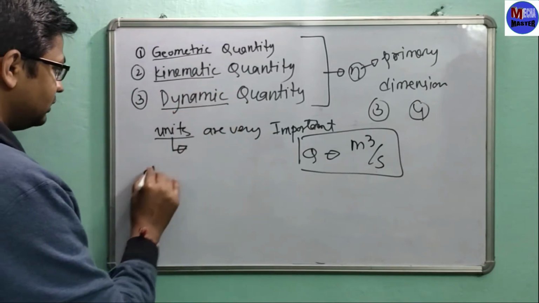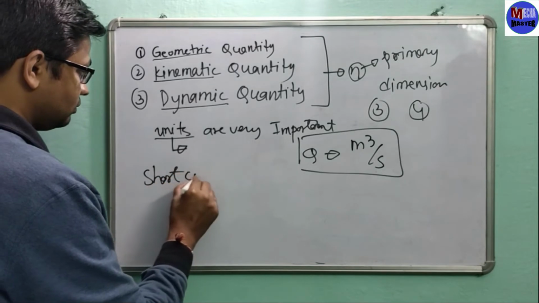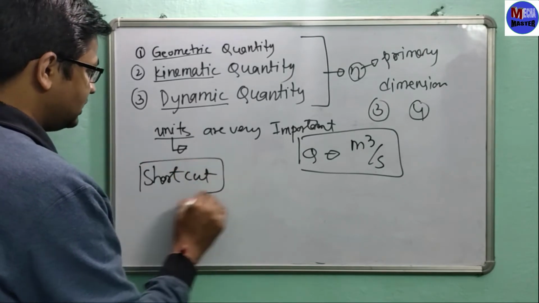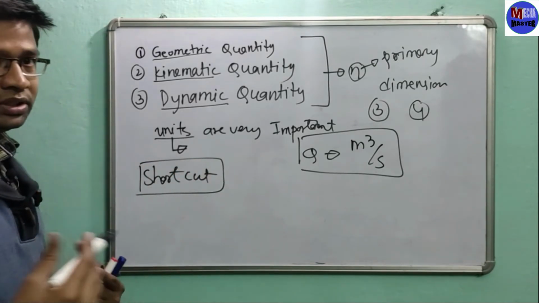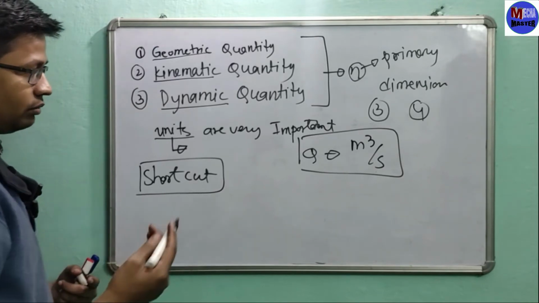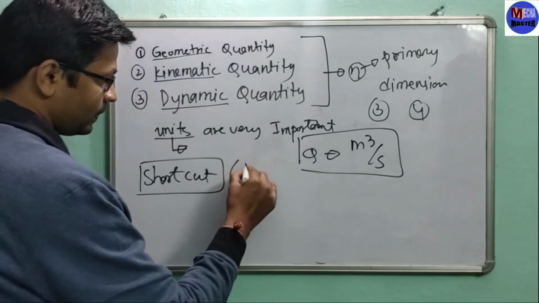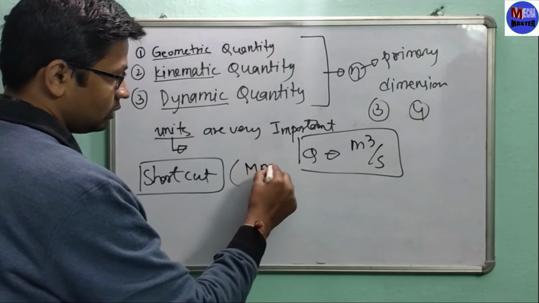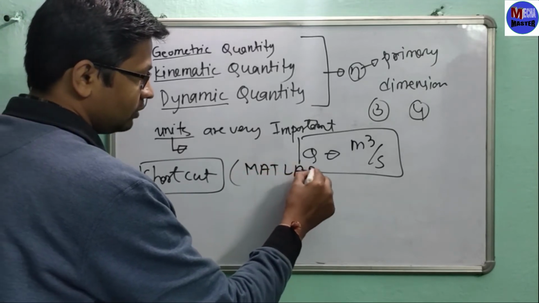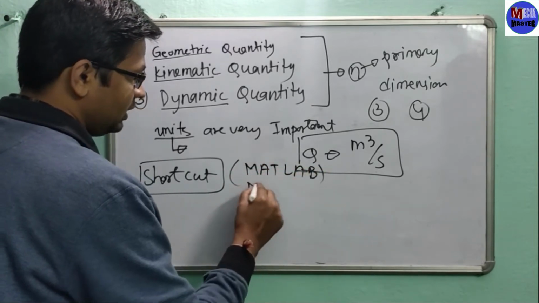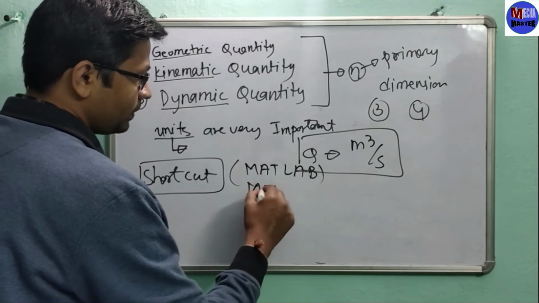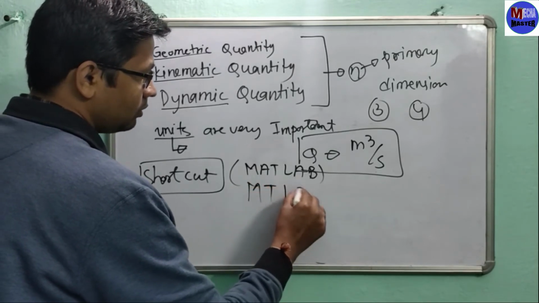And what is the shortcut? Shortcut is MATLAB. MATLAB is a type of software, but simply MATLAB. Okay, just remove A, then it will be MTLB.